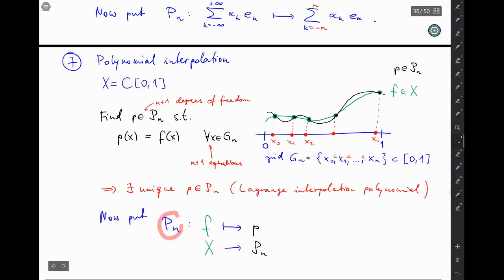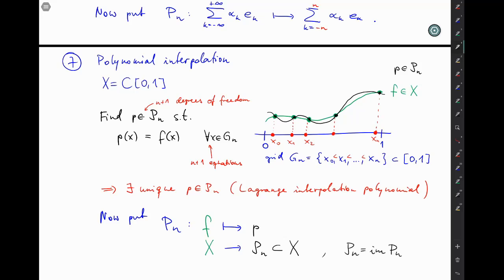So this function P_n takes a continuous function f and produces a polynomial of degree at most n. But of course the set of these polynomials is again part of the continuous functions. So we end up in a subset of X, and that curly P_n is then the image of projection P_n, which is what we call capital X_n usually.